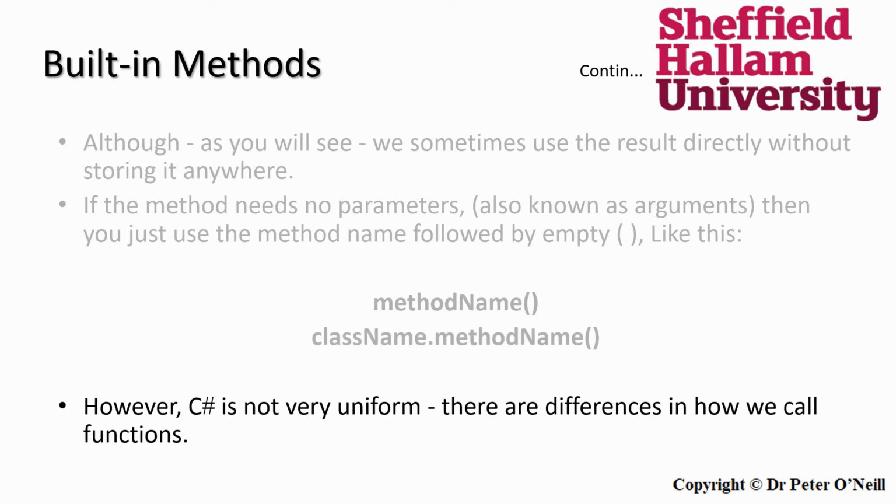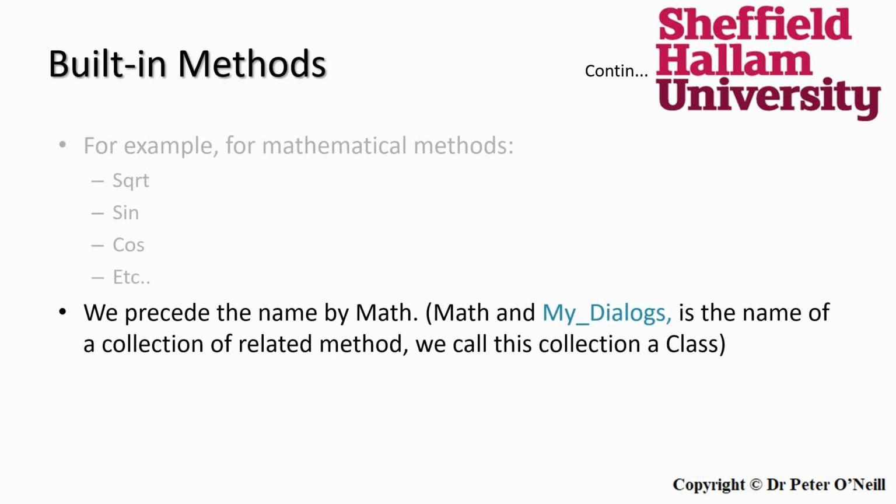However, C# is not very uniform. There are differences in how we call functions. For example, mathematical methods: square root, sin, cos, etc. We precede the name by Math.